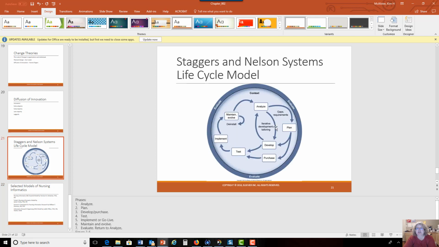And then it has another circle that has 4 constructs that interact with each other that make sense to nursing. That's the client, your nursing informatic interventions, your outcomes, and then the physical, cultural, social, economic, and so forth context of the patient.